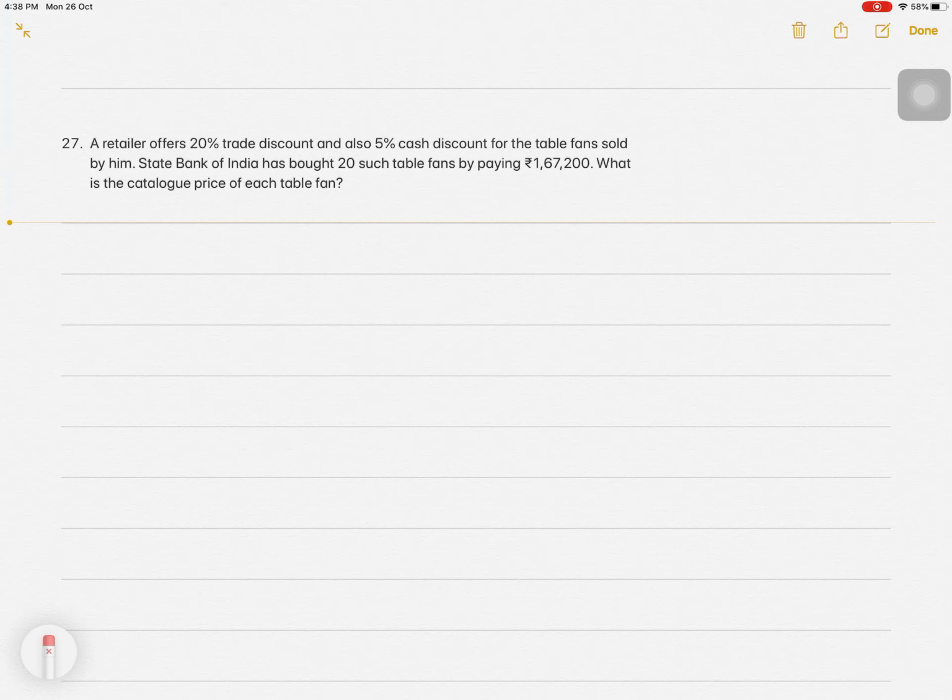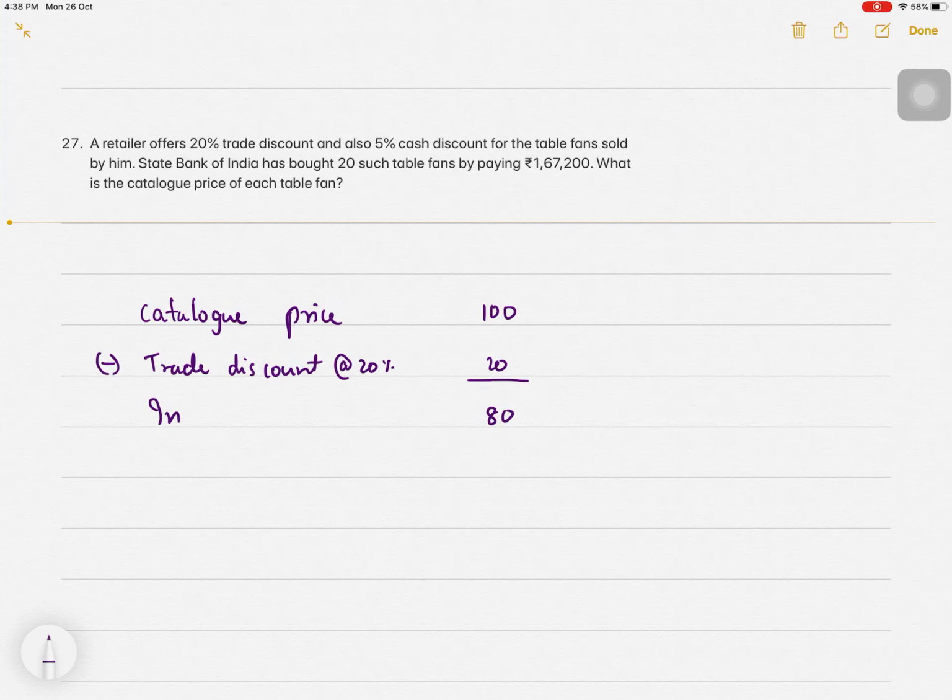Now let the catalog price be 100. So if catalog price is 100, then less trade discount will be 20 and invoice price will be 80.